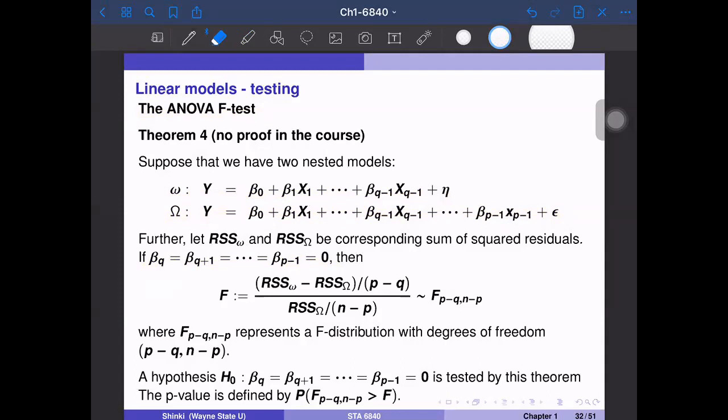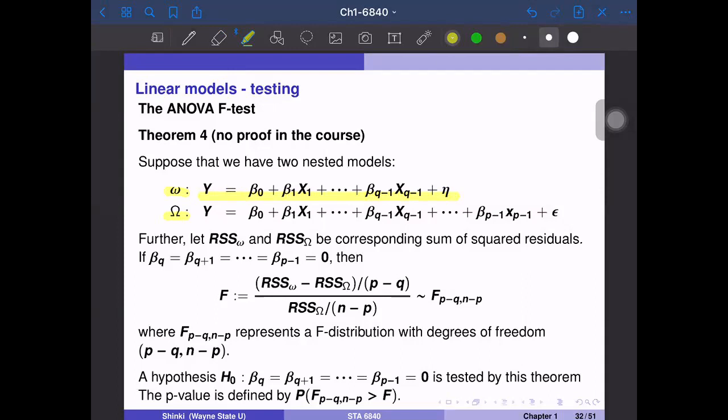Basically, the lowercase omega here is the null hypothesis, and the uppercase capital omega is the alternative hypothesis. The null hypothesis is that y is this linear model with q parameters, and the alternative is a larger model with p parameters.